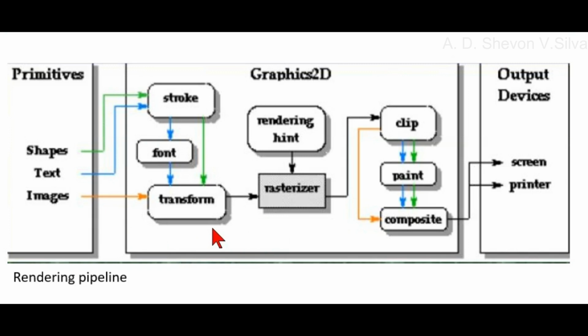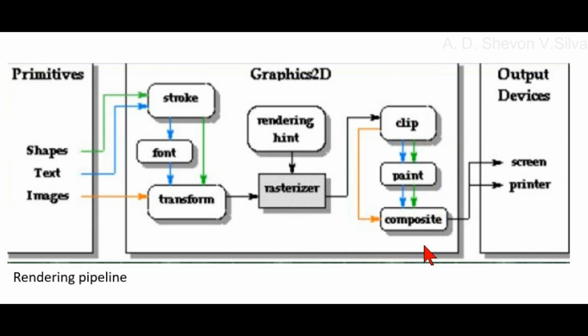and combined with the device clip, which is defined by the visibility of windows and device extents. The combination of the user clip and the device clip defines the composite clip, which determines the final clipping region.